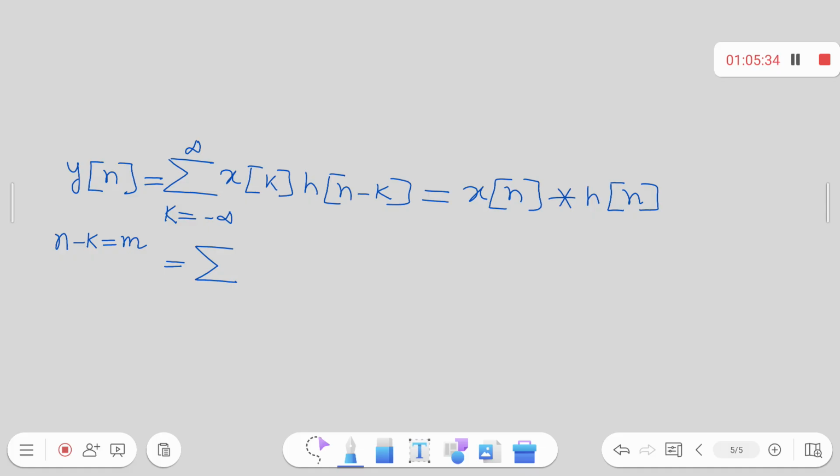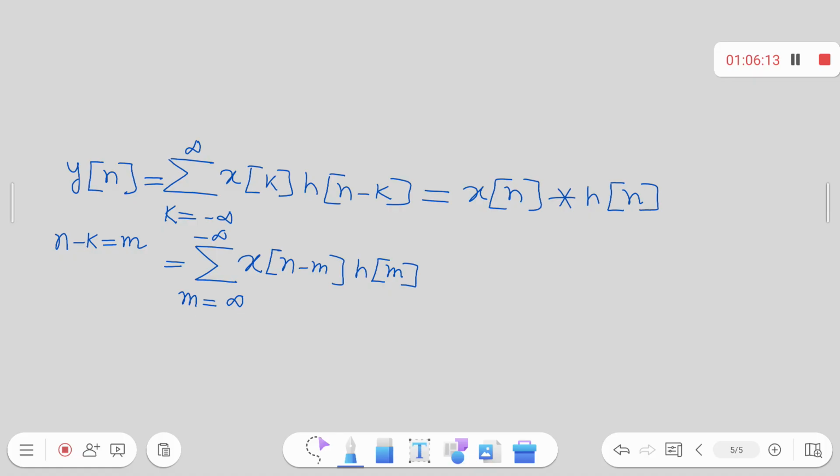If k goes from minus to plus infinity, m will go from plus to minus infinity. I can write x of k, where k is n minus m, as x of n minus m, h of m.